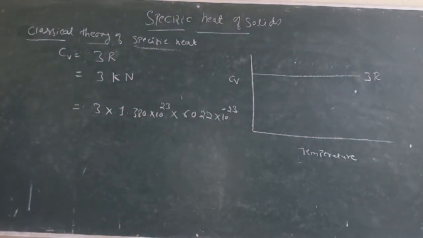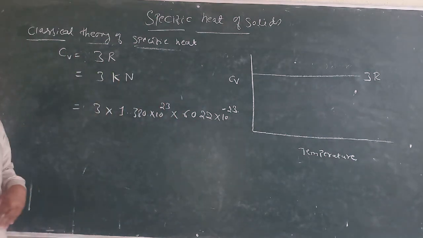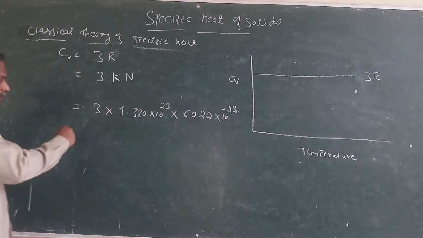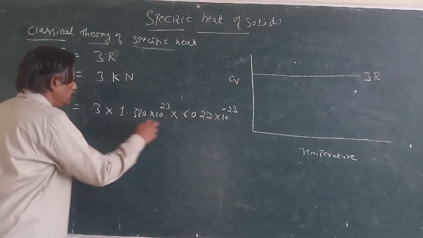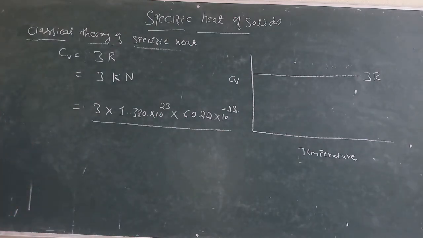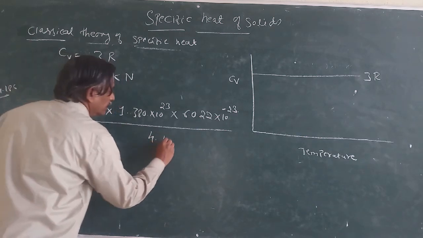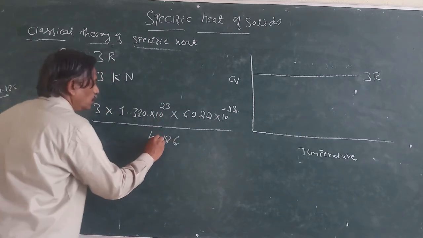Now whatever we get will be in calories. But if you want it in joules, the whole thing should be multiplied by 4.186, since one calorie is equal to 4.186 joules.